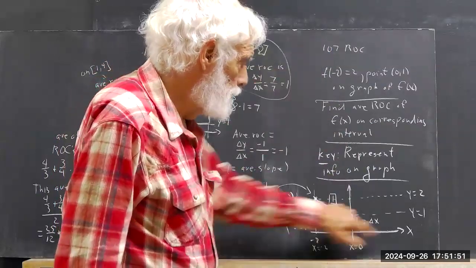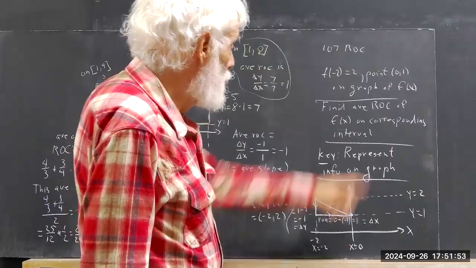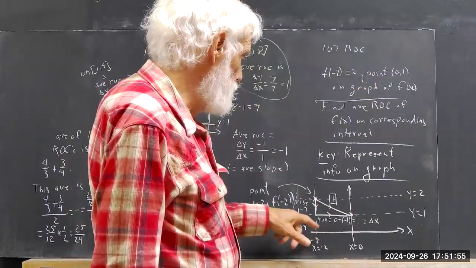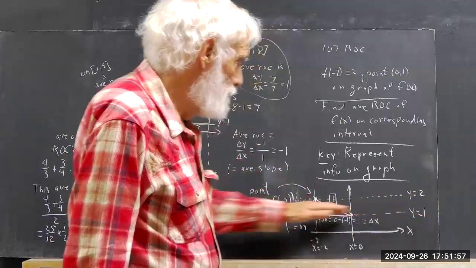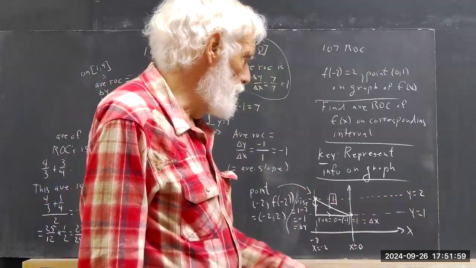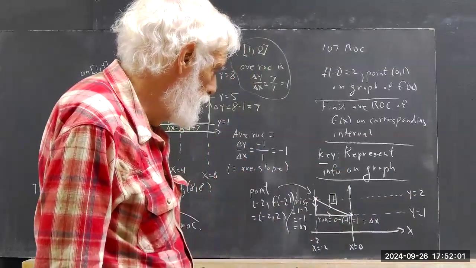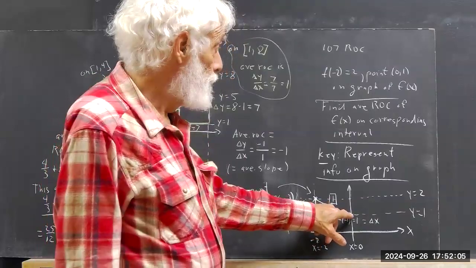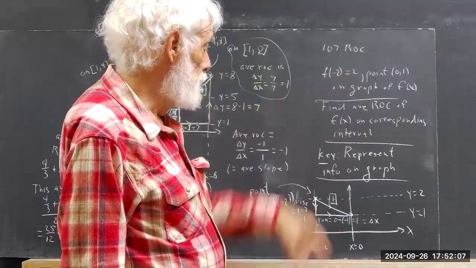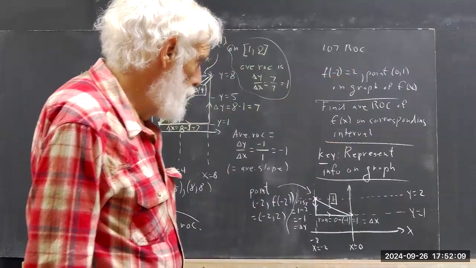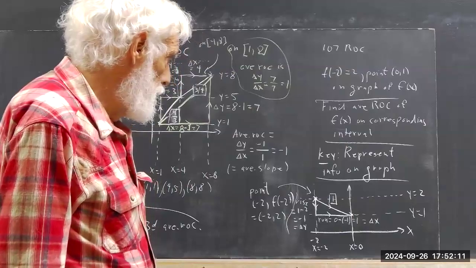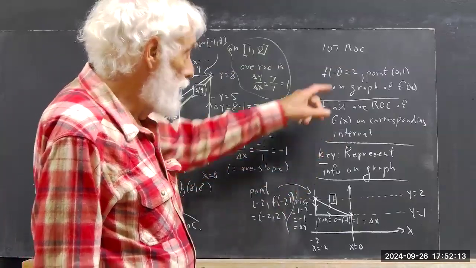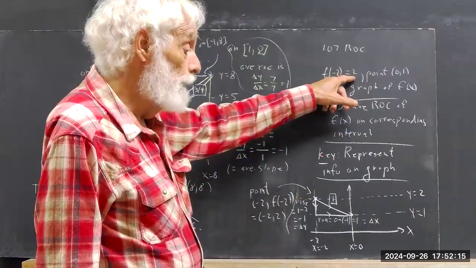First of all, you set a coordinate axis. You got the point (0, 1). So, you know, we draw the line for y equals 1. We label it over here so we don't clutter up the axis. But right there's the point (0, 1). Okay. We also know that f of -2 equals 2. What does that say? Well, when x is -2, that means your y value is 2.